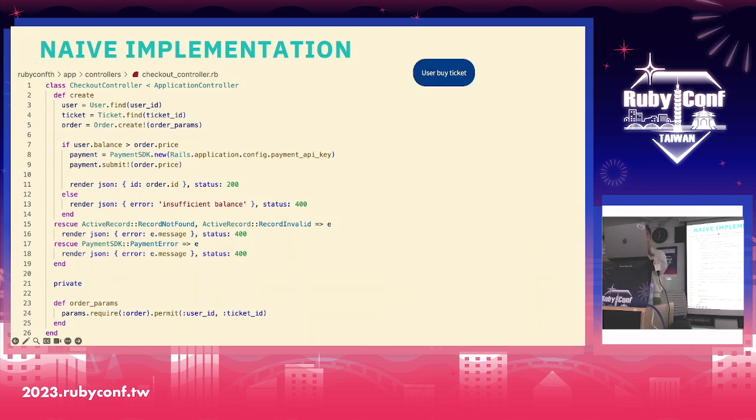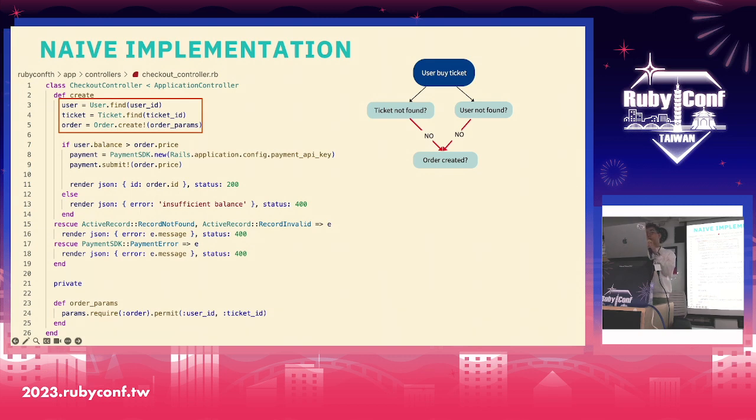Firstly, to buy a ticket, we need two pieces of data: the user ID and the ticket ID. Then we search for the corresponding user and ticket. If we found them, we create an order with the user and ticket. Next, we check the user balance against the order price.